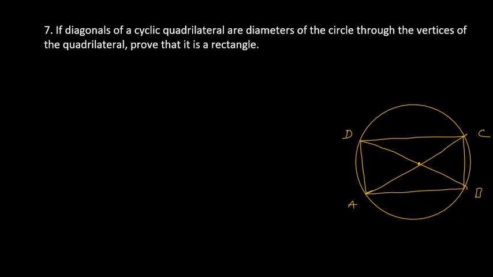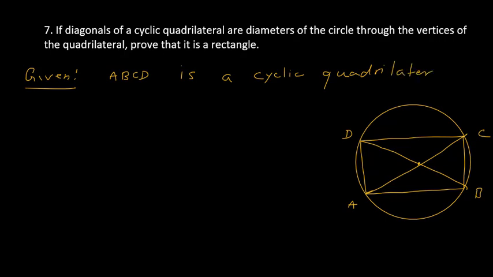Here, first we write what is given. Given: ABCD is a cyclic quadrilateral. AC and BD are diagonals of ABCD.